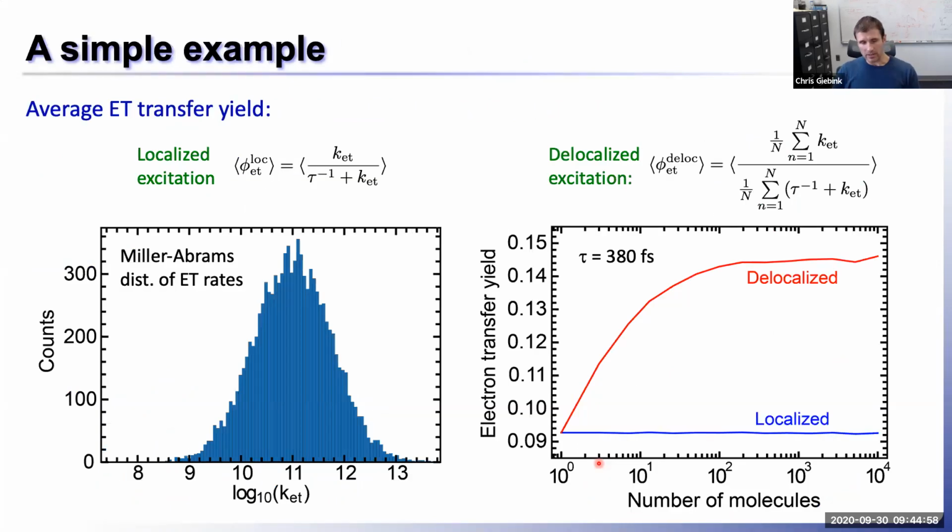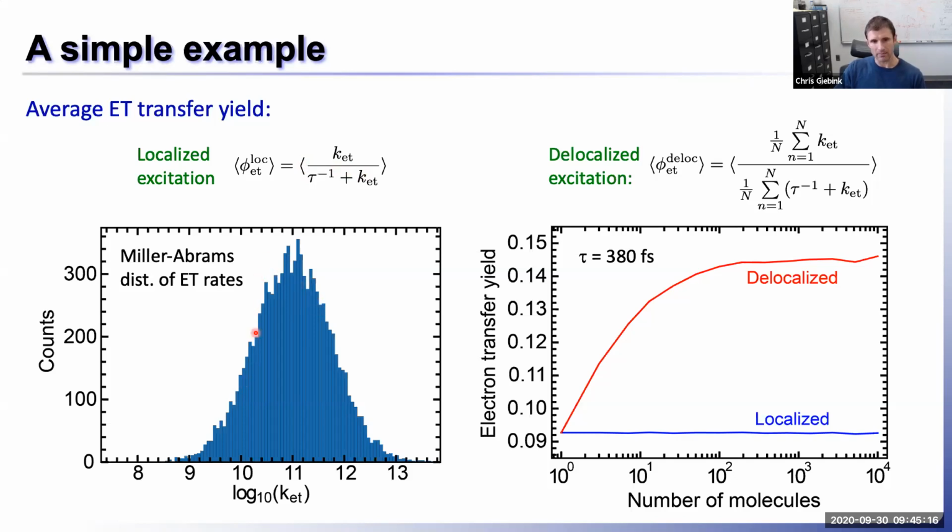And so just from a simple back of the envelope calculation, if we look at the electron transfer yield as the competition between the net electron transfer rate off a given excited polaron over its total decay rate, we average that over an ensemble of different electron transfer rates.